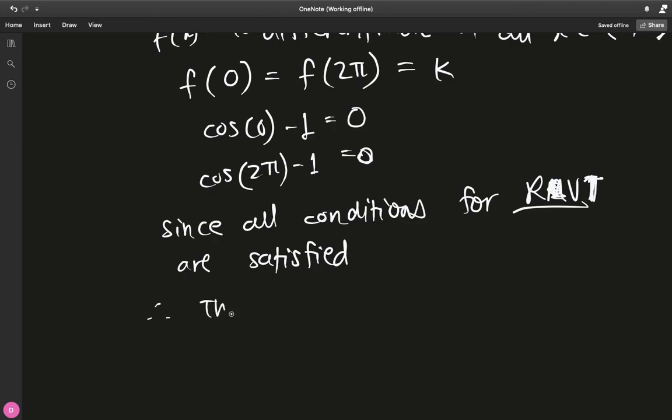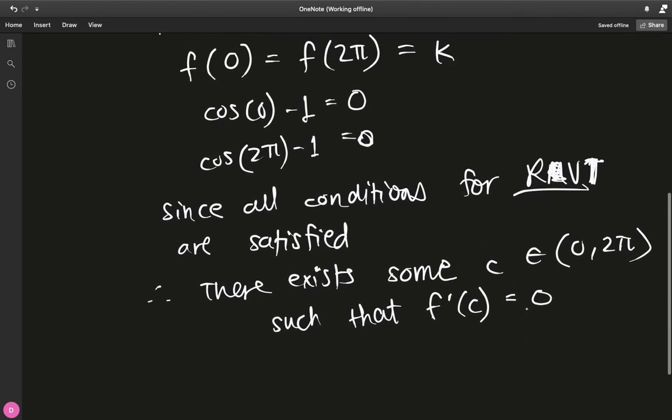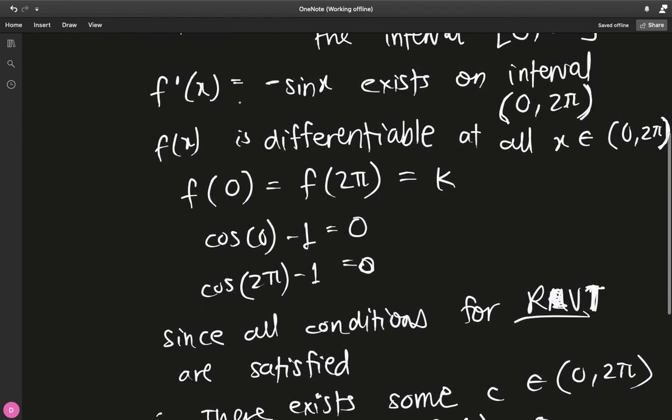therefore there exists some c on this interval 0 to 2 pi such that f prime of c, the derivative of f of x at c, is equal to 0. So we just plug in c in this f prime function.